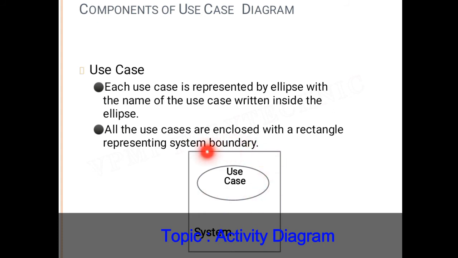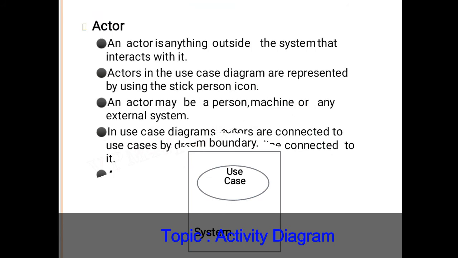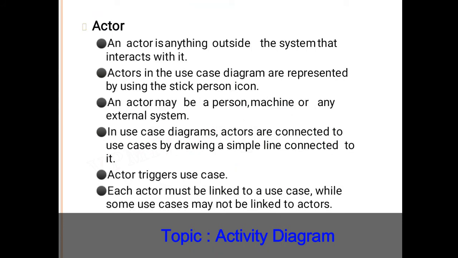This symbol is used for our use cases, and this rectangle is used for the boundary of the system. Each use case is represented by an ellipse, with the name of the use case written inside the ellipse, and all the use cases are enclosed within a rectangle representing the system boundary. Next, these are all the symbols used in a use case diagram with their descriptions.